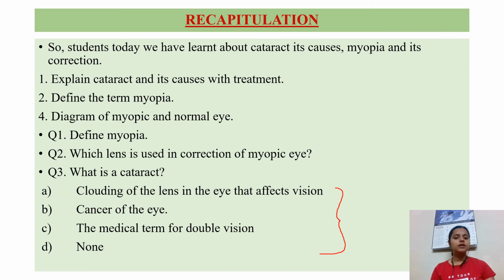So option A is clouding of the lens in the eye that affects vision. Okay. B is cancer of eye. C is the medical term for double vision. And D is none. So what could be the right answer according to you? So write down your answer in the chat box. According to me, it is clouding of the lens in the eye that affects vision. Okay. So now let's move further.